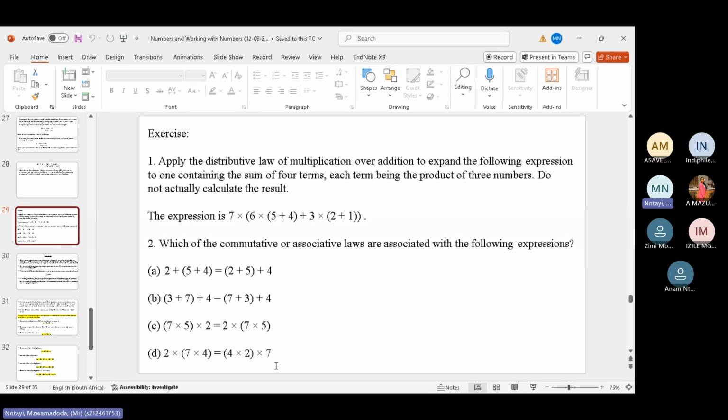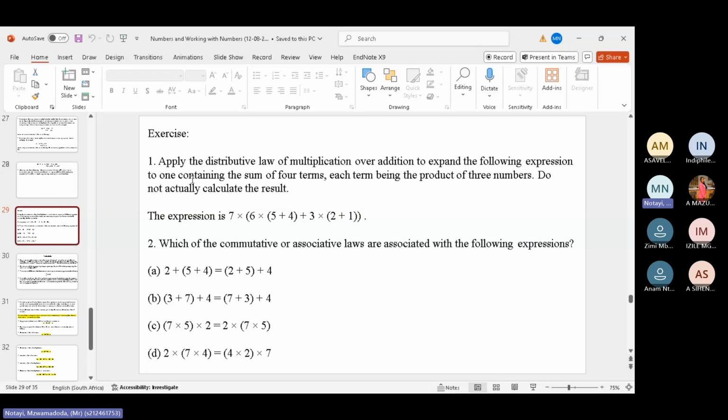Okay, we were on exercise number 1. We were asked to use the distributive law of multiplication over addition to expand the given expression, to one containing the sum of 4 terms.